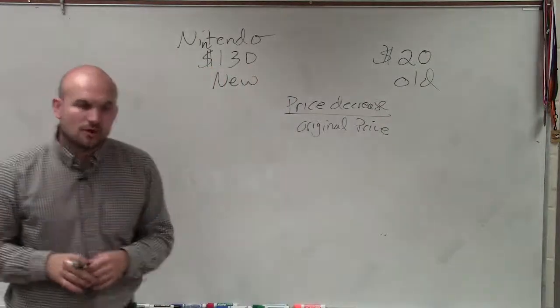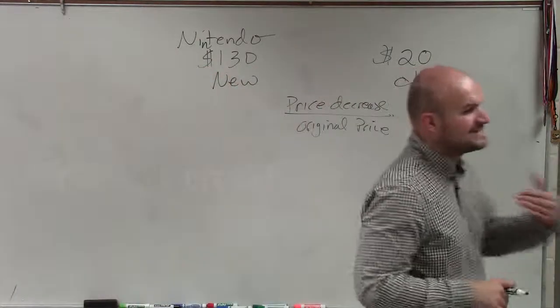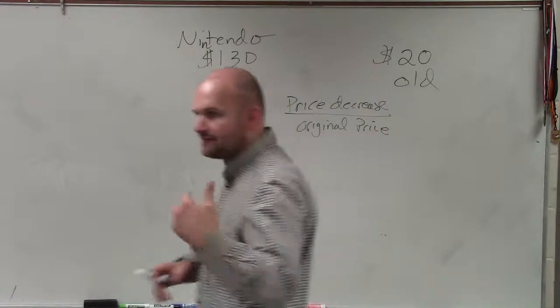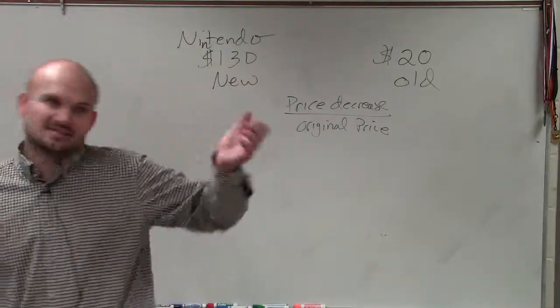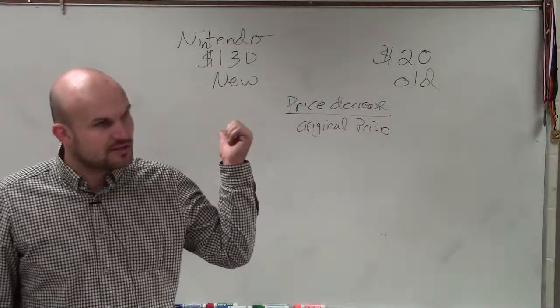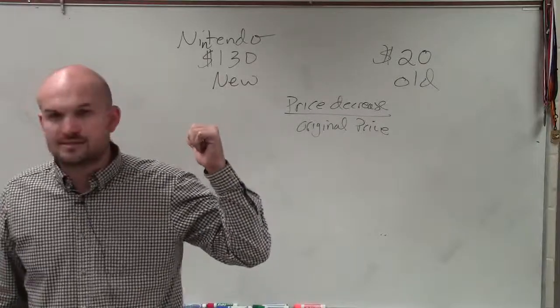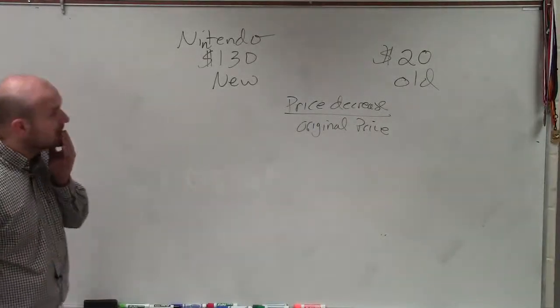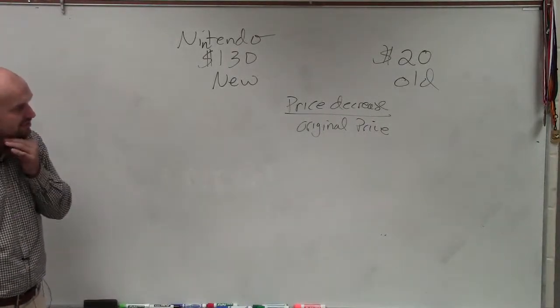Okay? So that is the same thing for price increase, ladies and gentlemen. You will have a price increase problem as well. It doesn't matter if I write price increase or decrease. You're going to want to write the exact same things up there, okay? So we have price decrease over original price.